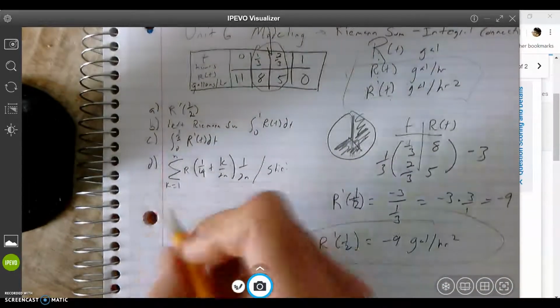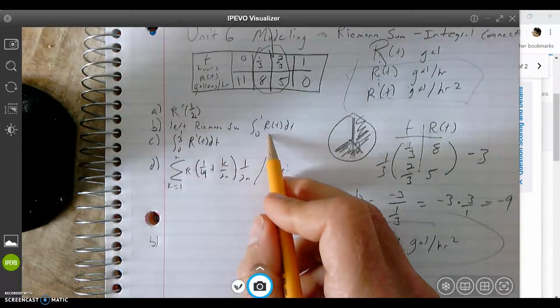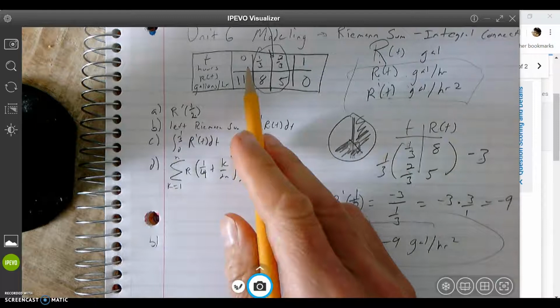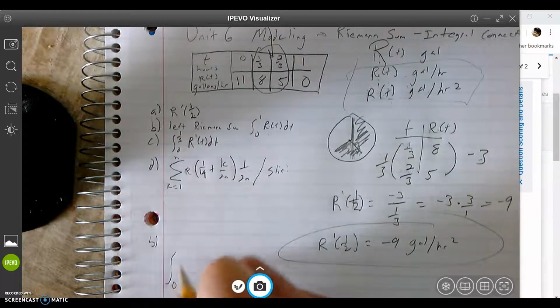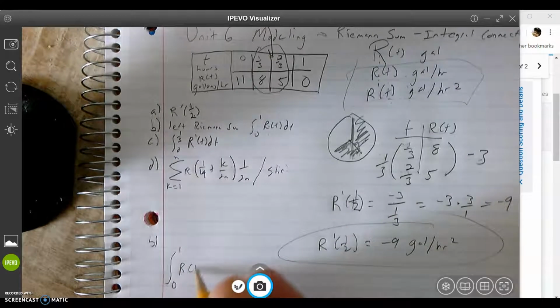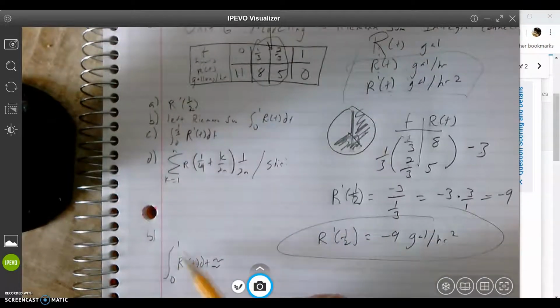Okay, B. Use a left Riemann sum with 3 subintervals. So I have to write the integral first, because that's essentially what we're doing. We're finding the area under the curve. So I'm writing approximately. This is not exactly how many gallons have leaked out.